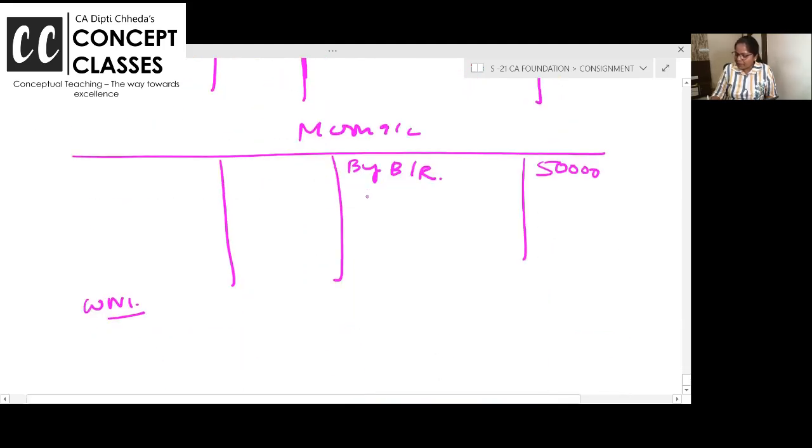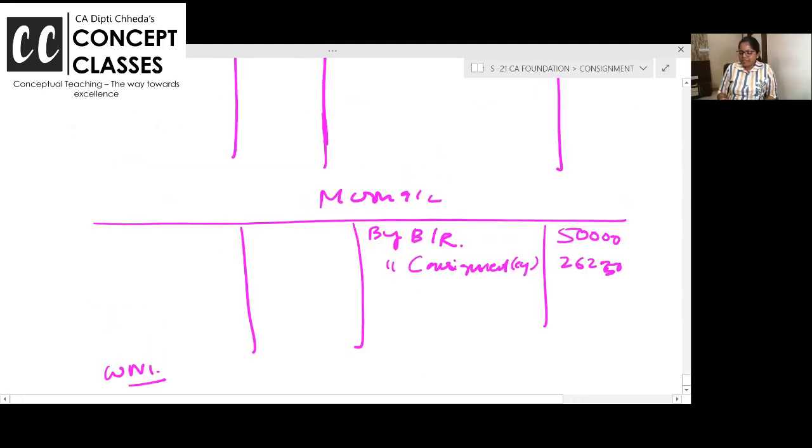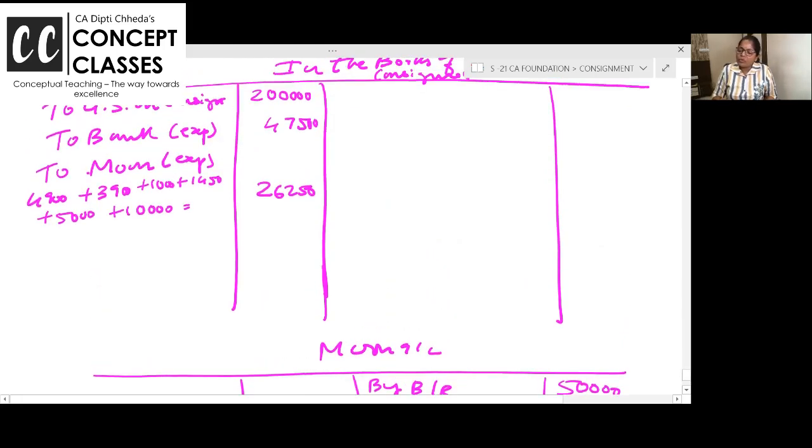Moon, I will reimburse your expense. Consignment account expense 26,250. Moon, I will give you next.